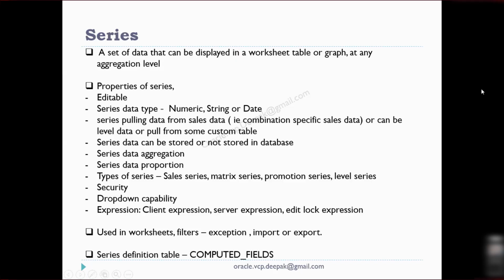Now, what are the things that you can do with series? Some series can be editable, some may not. The series data can be a number, string, or date. Mostly we have seen series with numbers. Strings can be used, for example, for one series which says approved, in process, need more details. Or whenever somebody amends the forecast and that amendment is more than 50% of the baseline forecast.